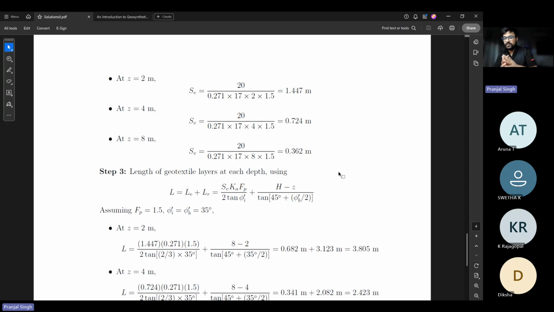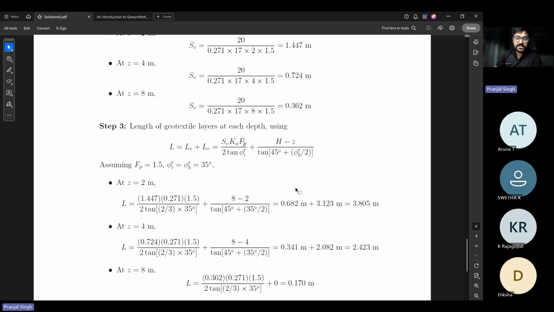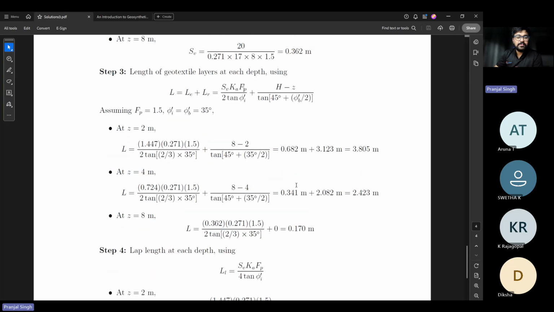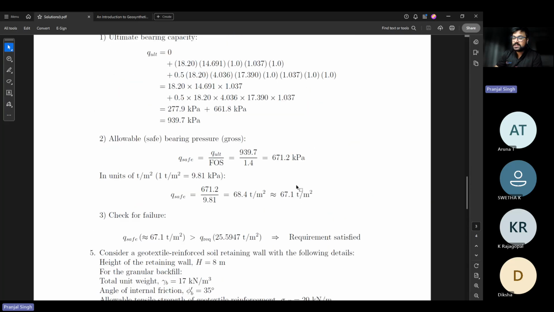So you just have to equate those to get these values. It's very straightforward, and you don't even need to memorize this. You can derive it in 15-20 seconds. So this is it. If anybody has any questions, they can ask.